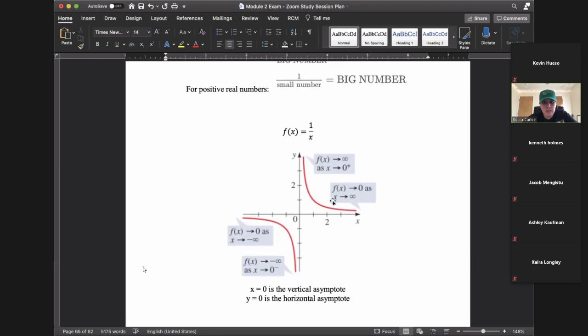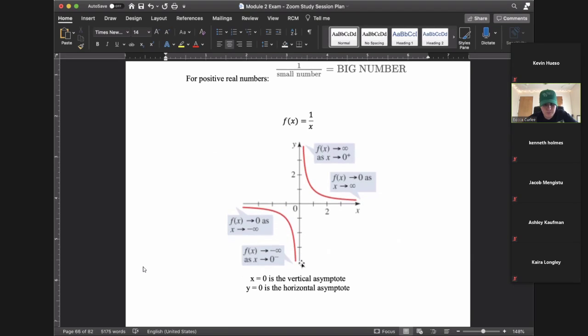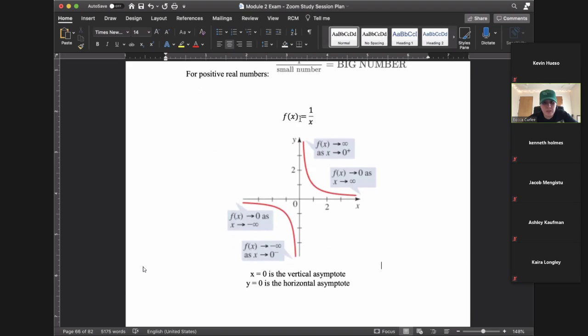We can see that f of x approaches 0 as x approaches infinity, and f of x approaches infinity as x approaches 0 from the right. Then as x approaches 0 from the left, f of x approaches negative infinity. x equals 0 is the vertical asymptote, and y equals 0 is the horizontal asymptote.